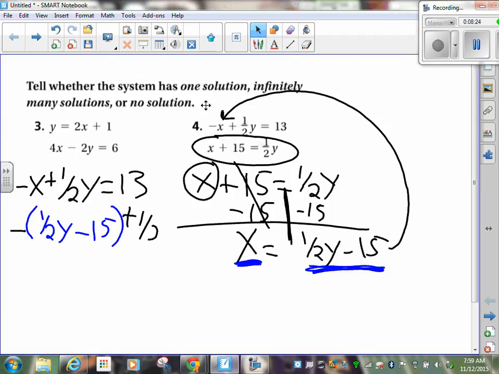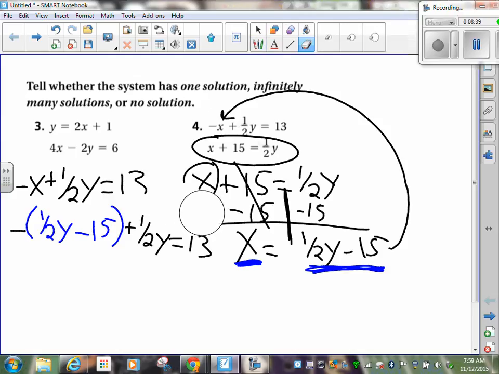Oh, one more second. Whoops. So I have negative X plus, that makes some room there, because I'm going to run out of space. 1/2 y equals 13. So let's erase this part right here so I don't get too far in front. Okay, so there is my new equation that I just substituted in.